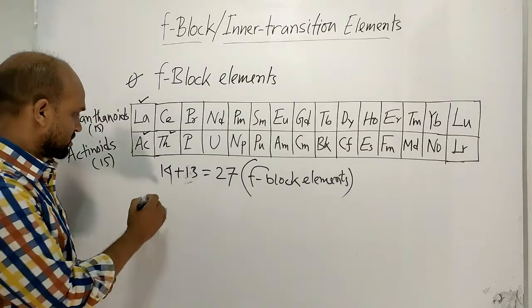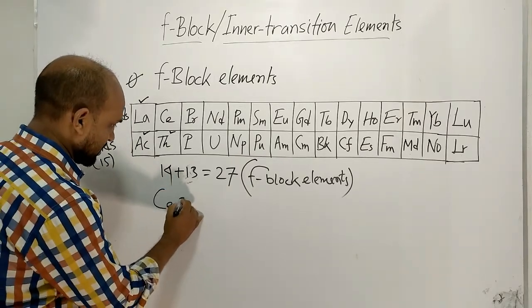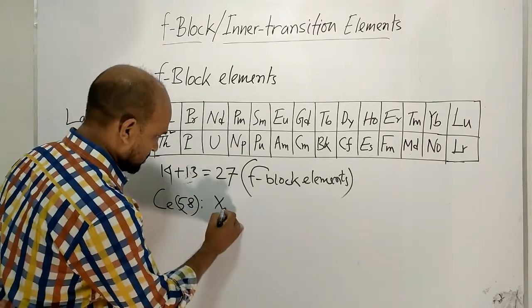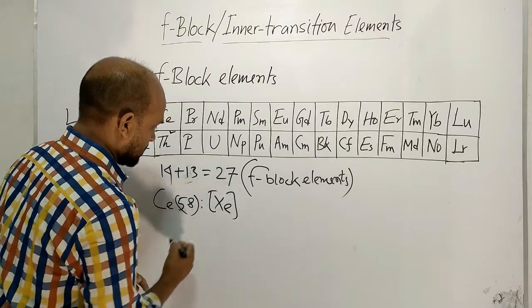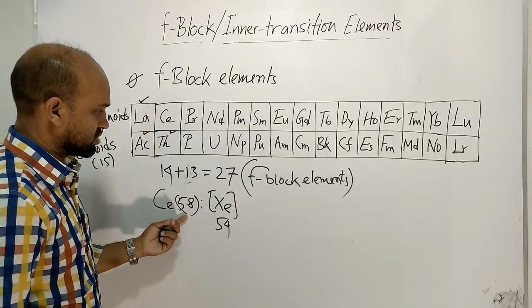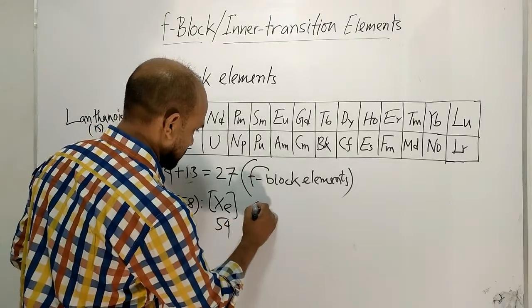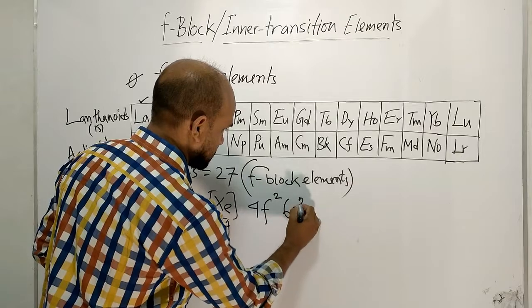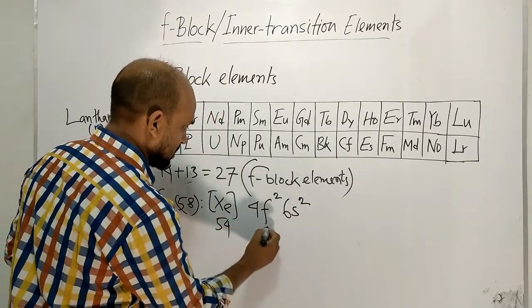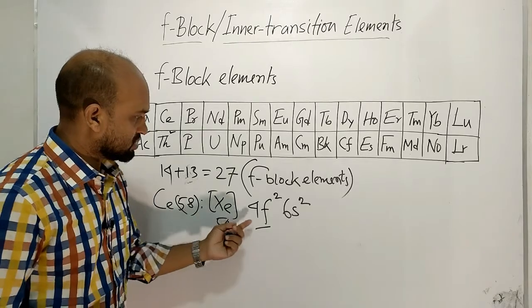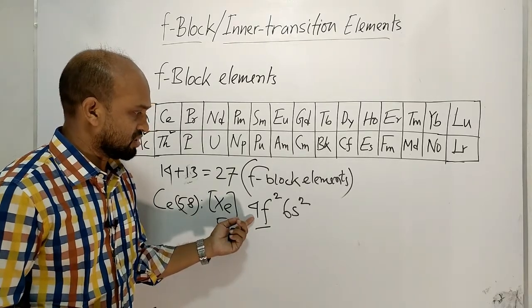For example, cerium 58. This is xenon 54. Another 4 electrons left, that is 4f2 6s2. This is the higher energy orbital, so last electron enters this orbital.